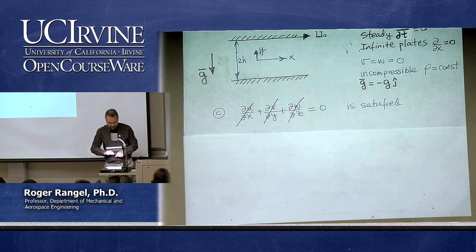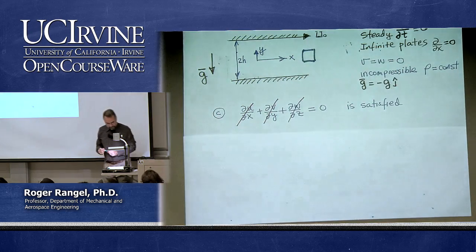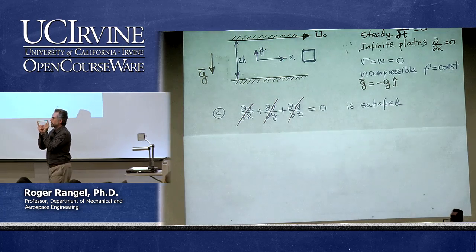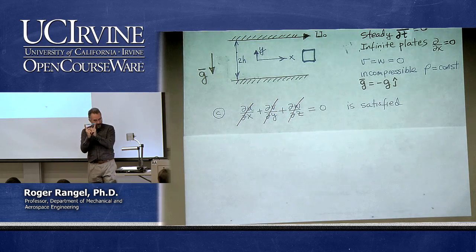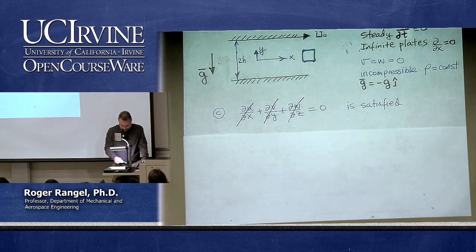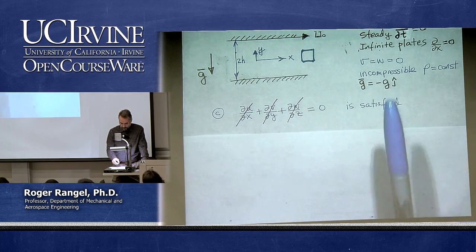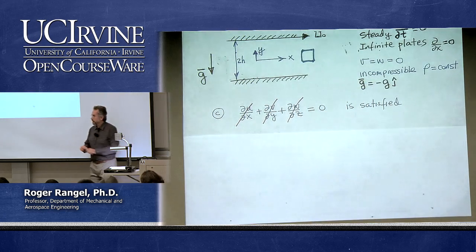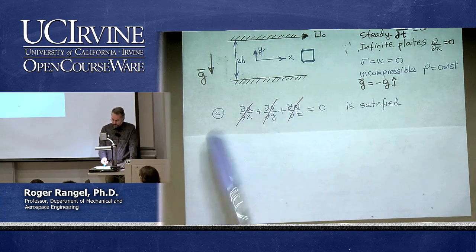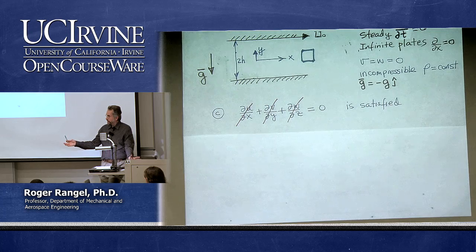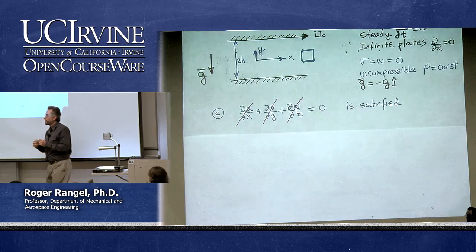So if I draw a fluid element here at some arbitrary position, partial u partial x being 0 tells me that the horizontal side, say for example the bottom side of this element, doesn't stretch or shrink. It stays the same. Partial v partial y would be the strain rate or the deformation of the vertical side. So if partial v partial y is 0, then the vertical side doesn't deform either. So this is telling me, even though it's all telling me that conservation of mass is satisfied, that there is no linear deformation of this fluid element.